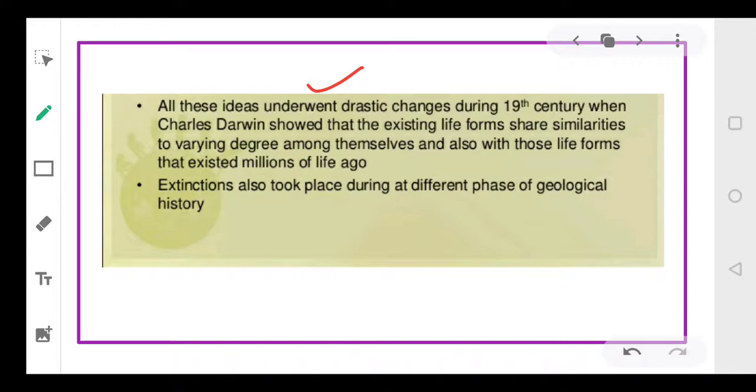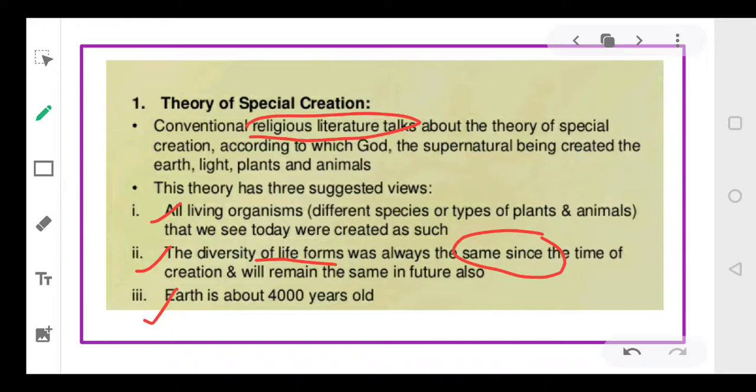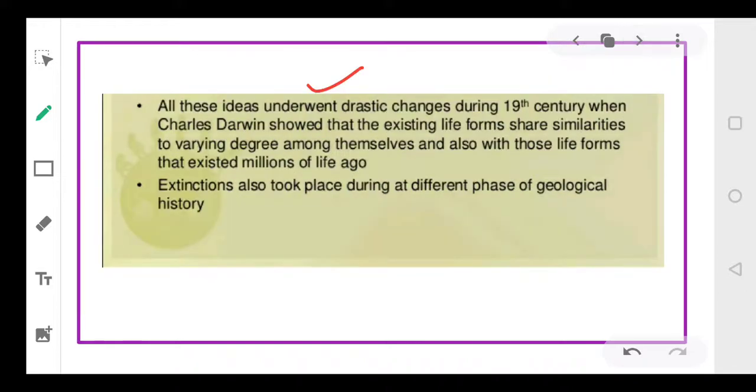And all these ideas which were suggested, this theory is called the theory of special creation, right? So as per these people who believed in this concept, right? This theory greatly changed in the 19th century. And why did it change? Because of the concept of Charles Darwin.